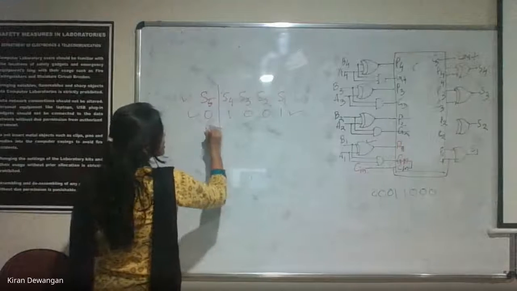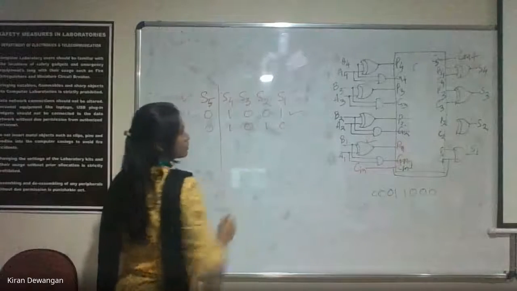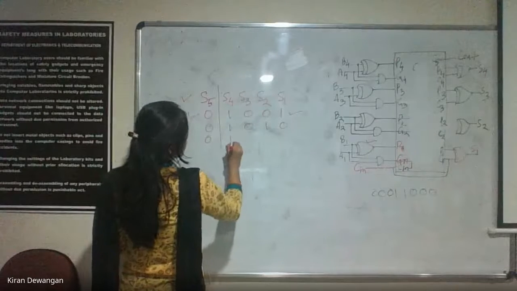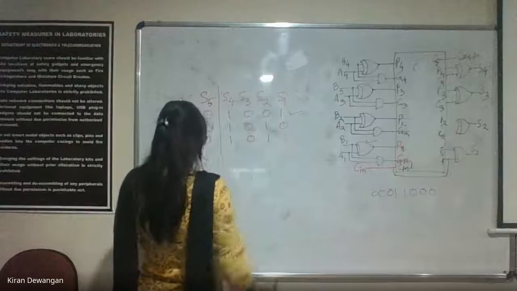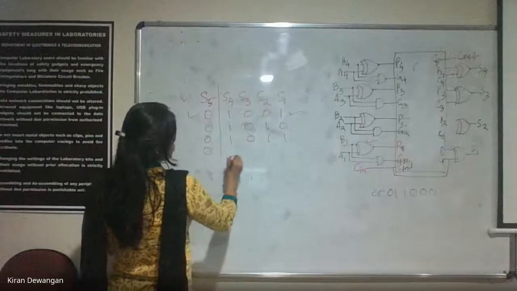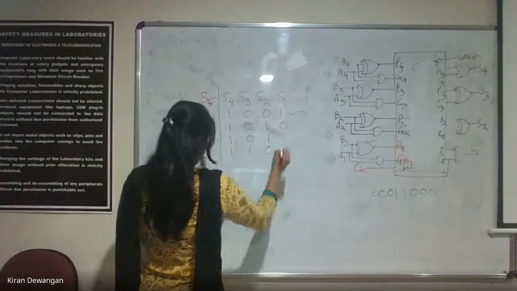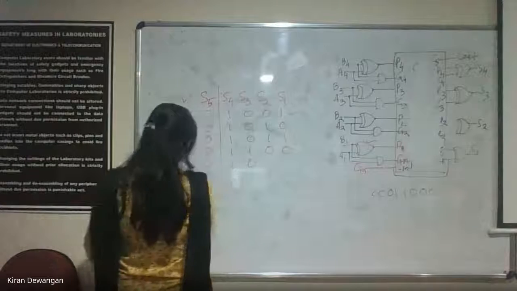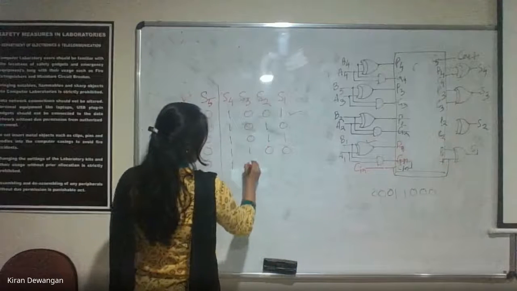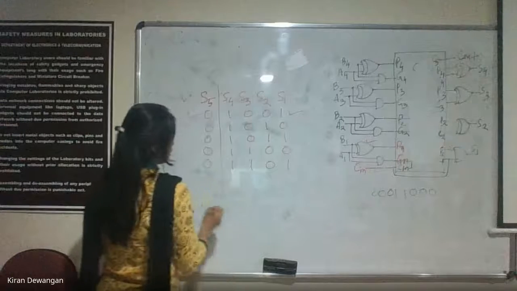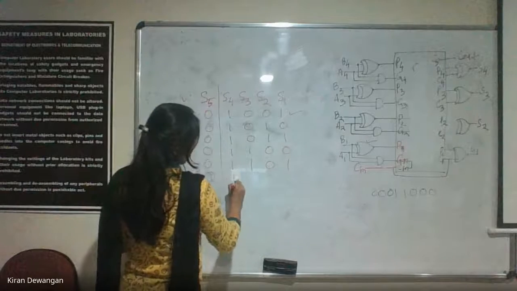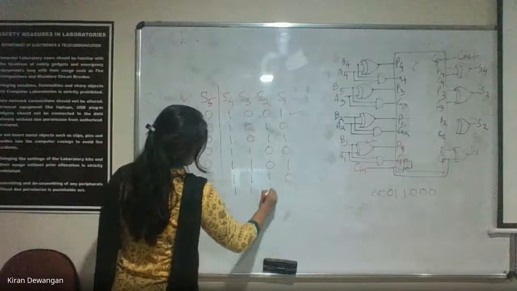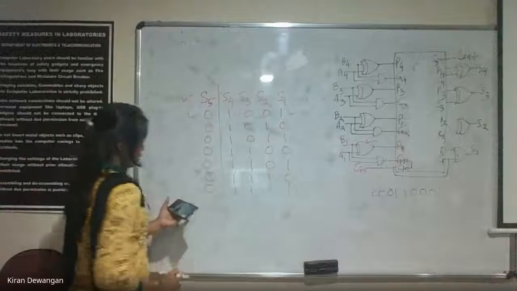Now if it is 1010, that is another code. 1010, 1011, then 01100, then 01101, 01110, then 01111. ये till 15 हो गया.